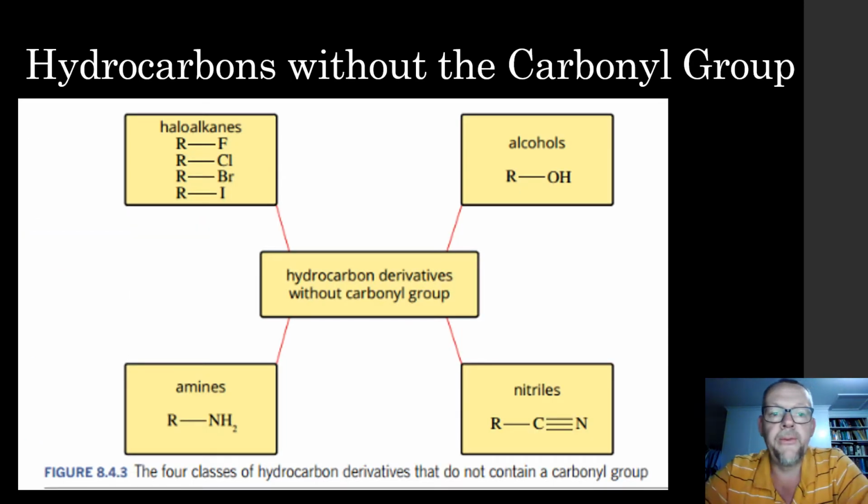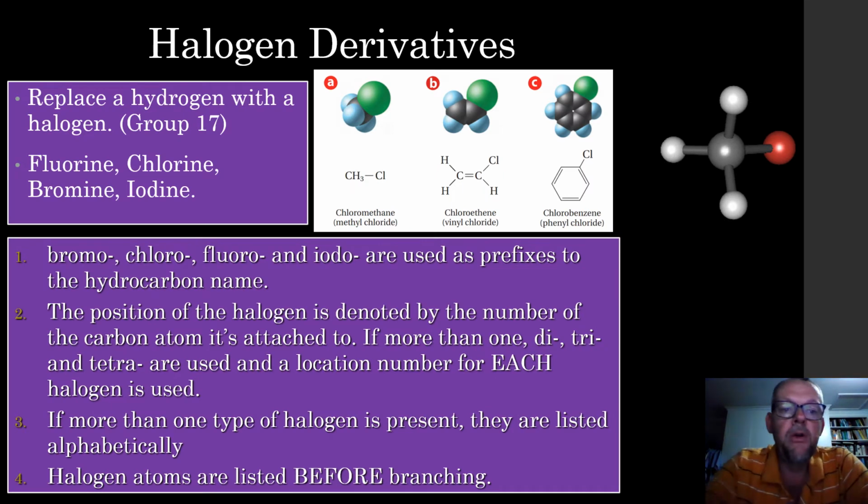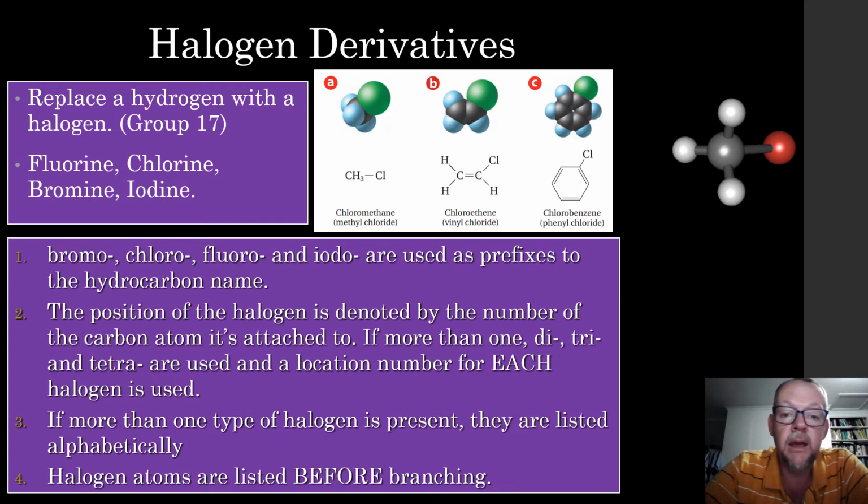So we're going to start off with hydrocarbons without the carbonyl group. So we're going to look at four in particular: haloalkanes, alcohols, amines and nitriles. So if I have a look at the haloalkanes or the halogen derivatives, we're just going to replace a hydrogen with a halogen, and so we'll get things like fluorine, chlorine, bromine and iodine, and instead of having a hydrogen there, you've just got a halogen.